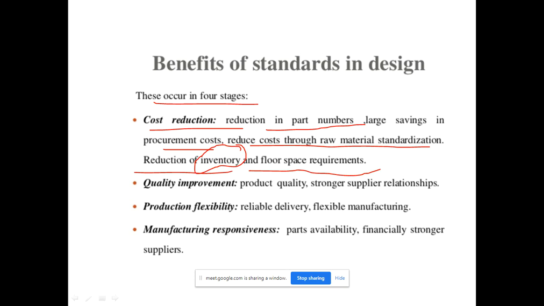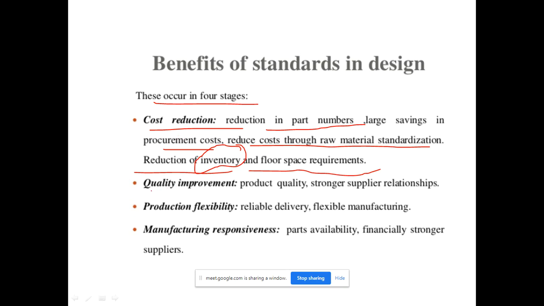Inventory is just a big collection, a big buffer stock. In an emergency, if there is any shortage in the raw material or in the finished product, that can be taken care of by the inventories. This inventory cost is huge for any factory. If you adopt some standardization procedure, your inventory carrying cost and inventory overhead cost can be gradually reduced.